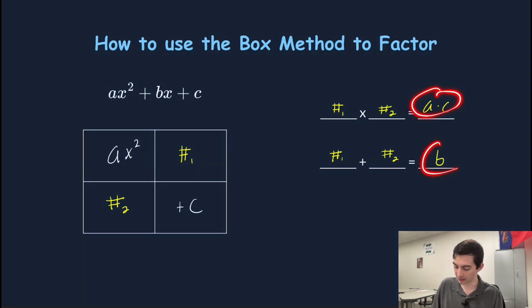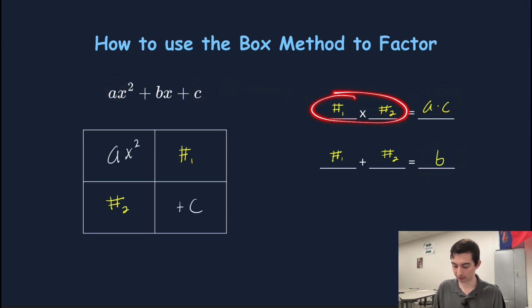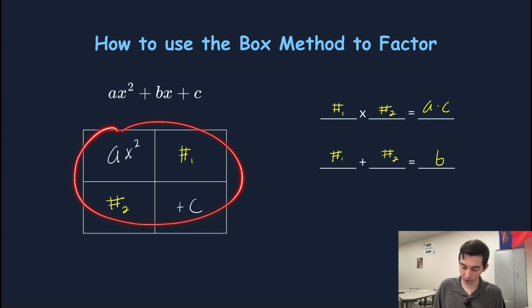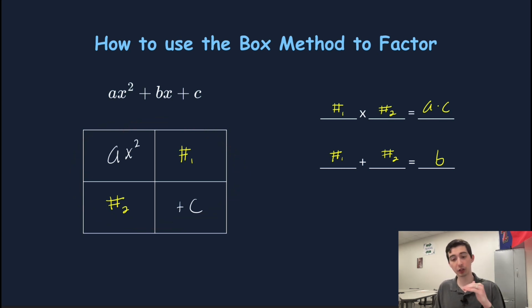And I'm getting these from my original equation here. So we're going to multiply a and c to get these key numbers, and those same key numbers need to add or subtract to b. Once we have this box set up, we're going to find the GCF horizontally here.